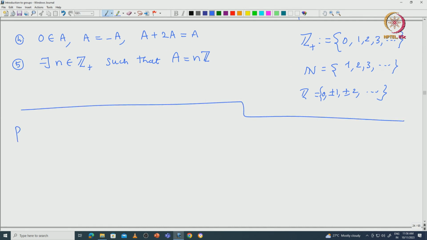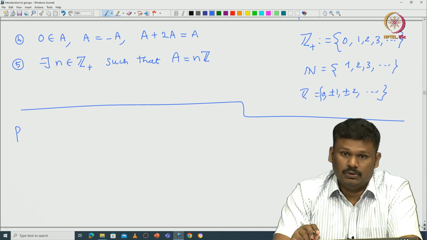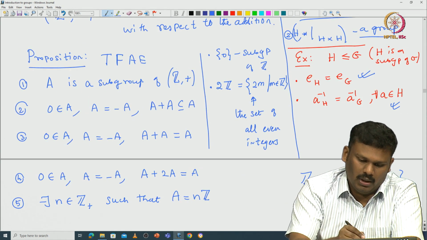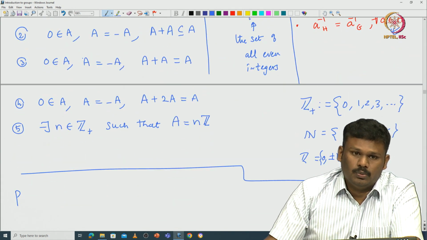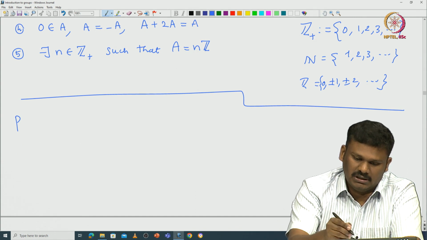The proof uses what is called the division algorithm. Let us first see the division algorithm proof, and then later we will come to the proof of this proposition. Let us call this proposition 1. To prove this proposition we need the following division algorithm.